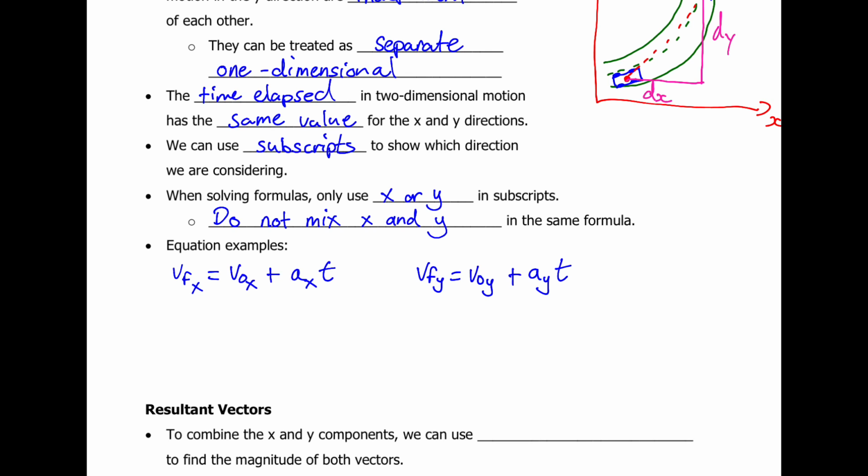I'm not going to write them all out because they're just the same, but all the vectors have an x or a y with them. All the problems that I see in people solving these equations on their assignments, homeworks, or on tests and quizzes is they've put an x direction with a y speed, and those can't cross, and that will lead to mistakes. Those measurements don't work together.